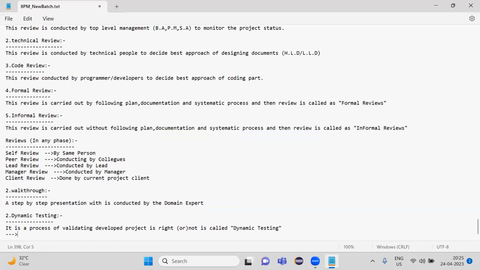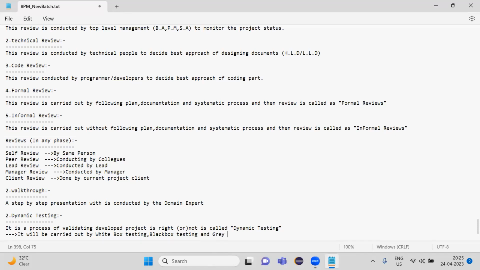It will be carried out by what things? Can anyone say? White box testing, black box testing, and the third one is gray box testing.